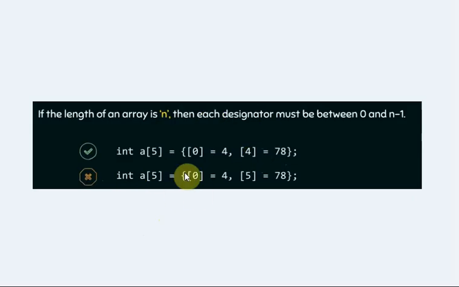But this is wrong: int a[5], the length is 5, but we are accessing a[5] = 78. Wrong, no? Why? 0, 1, 2, 3, 4, that is the highest possible index. But if we say 5, after defining length 5, index 5 is not possible, right? That's why it is wrong.